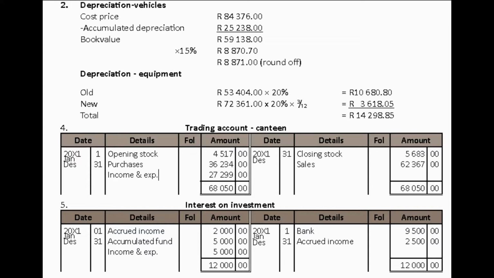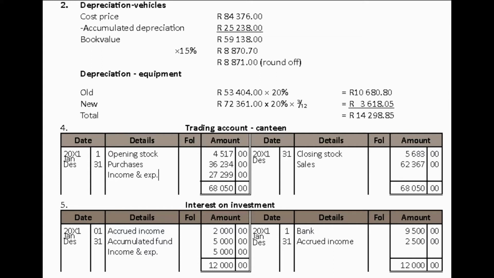If you add those two amounts for the old equipment and the new equipment, you get 14,298.85. If you round that off to the nearest rand, you get 14,299.